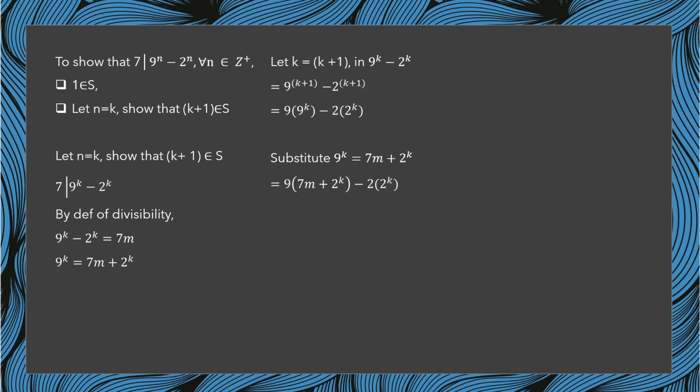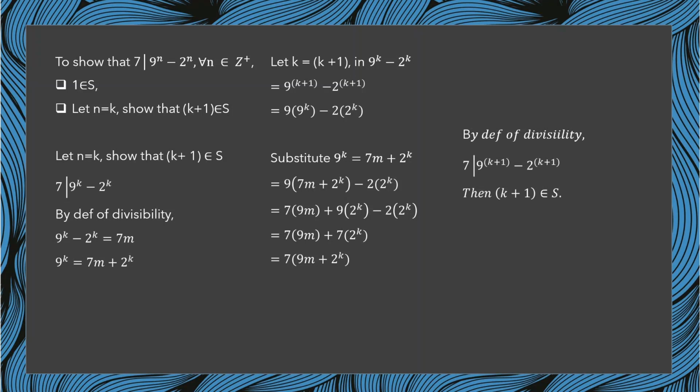So we substitute 9 power k equal to 7m plus 2 power k into the latest equation and we get 9 times (7m plus 2 power k) minus 2 times 2 power k, and we get 7 times 9m plus 7 times 2 power k. So we factorize by 7 and we get 7(9m plus 2 power k).